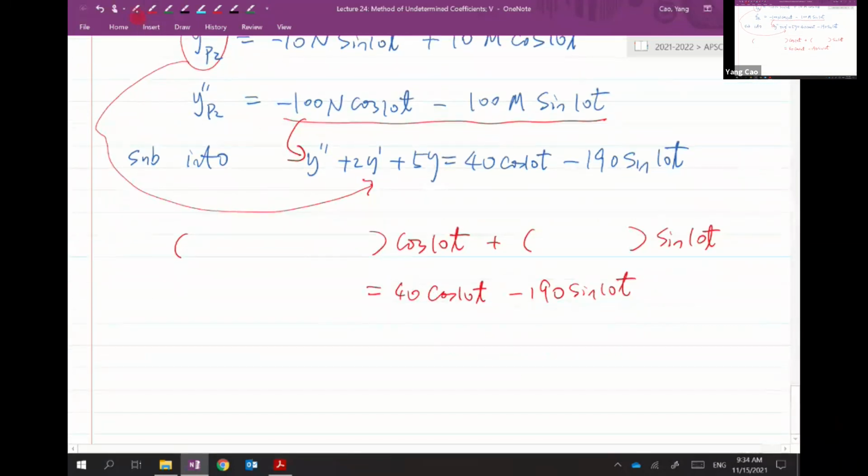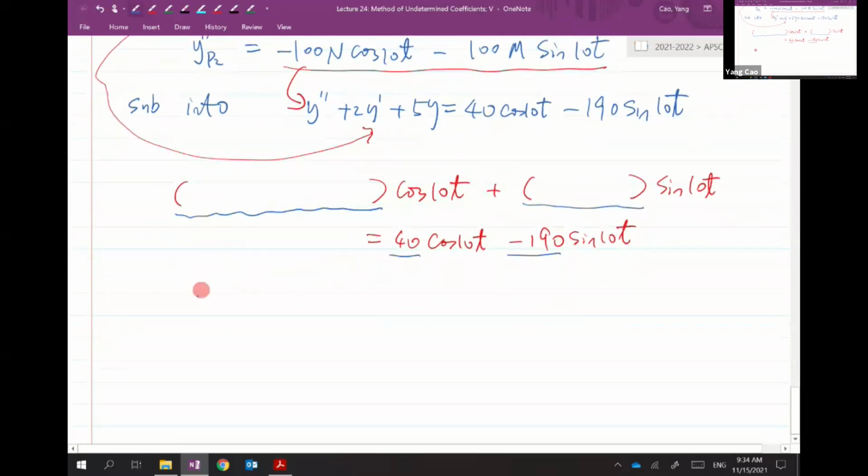Okay. And after this step, you compare the coefficient of cosine 10t and the coefficient of sine 10t with the other side. So the left side, the coefficient of cosine 10t should be the same as the 40 on the right side. The coefficient for sine 10t on the left side should be negative 190 on the right side.